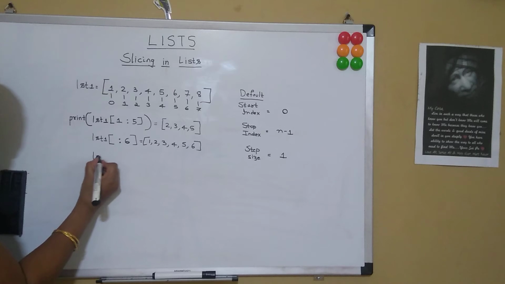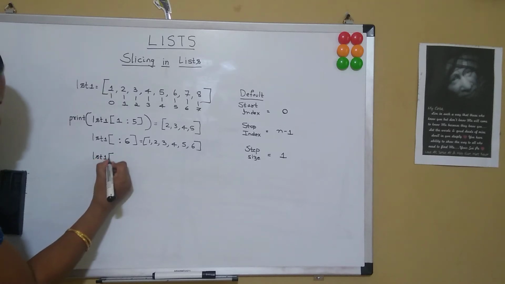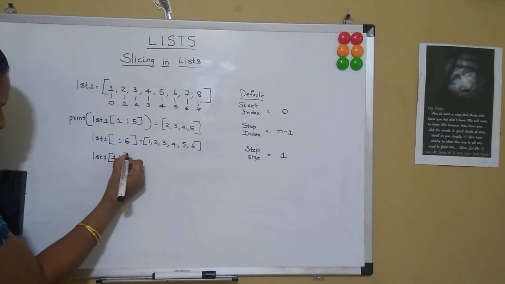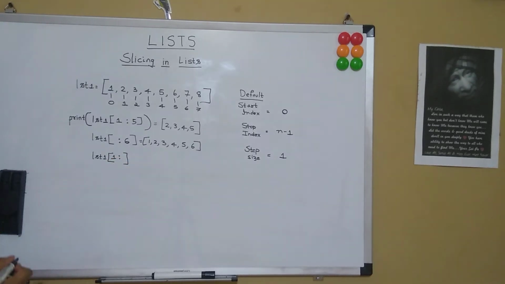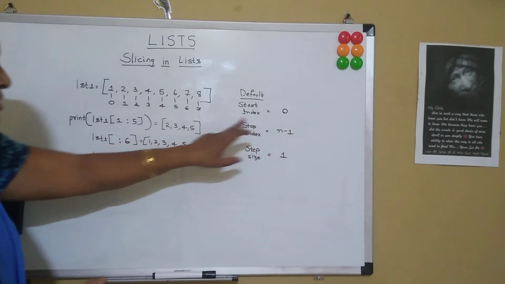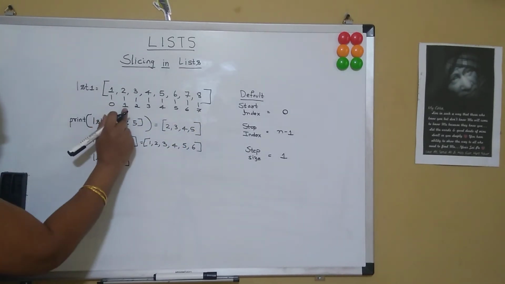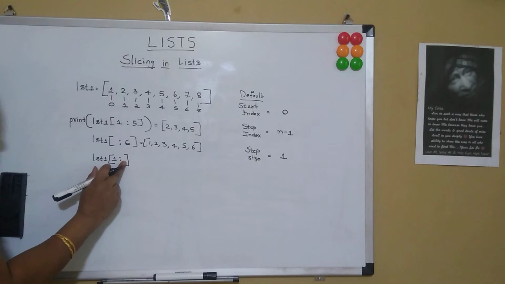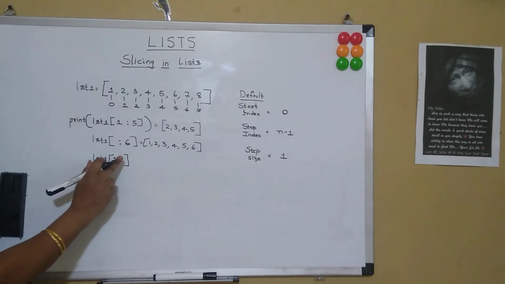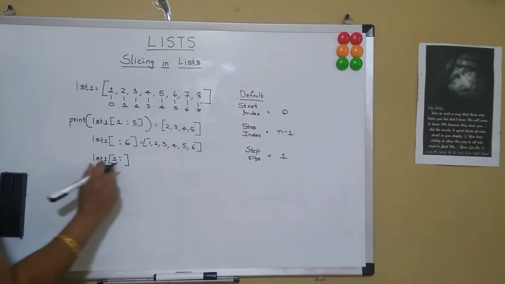Now, if I say LST1, I give start index as 1 and I don't specify any stop index. So, it will go till the n minus 1, that is the end of the list. So, the default value is till the end of the list.